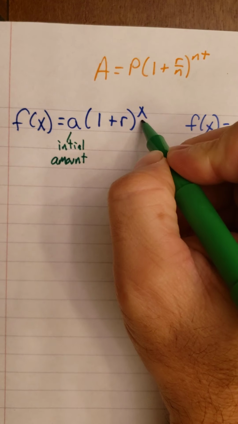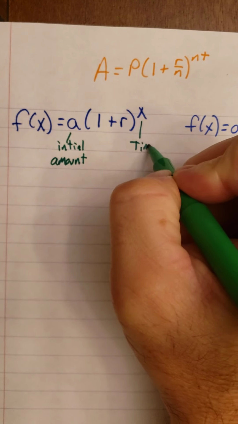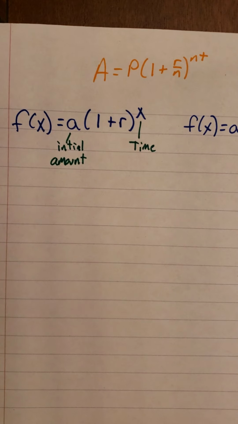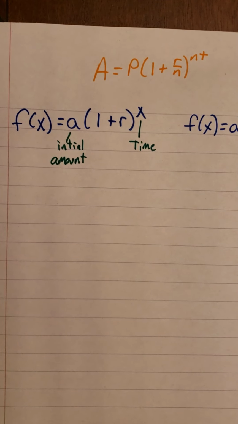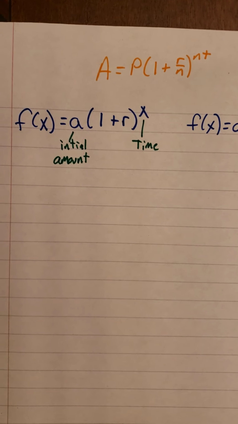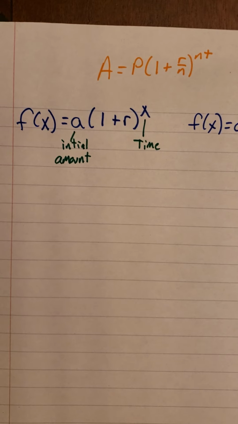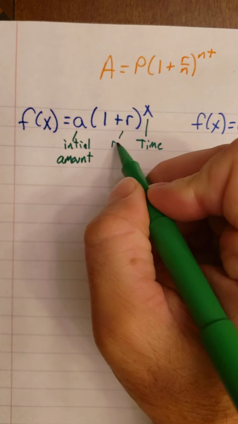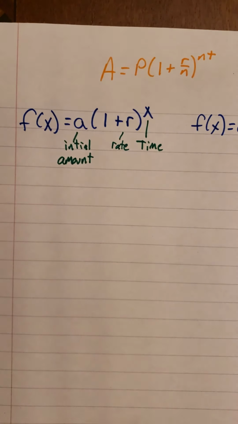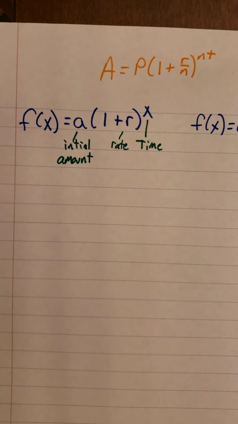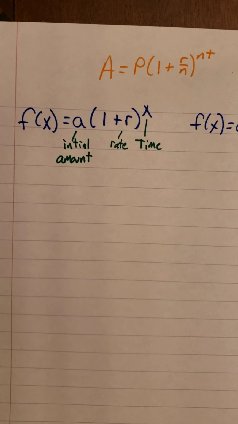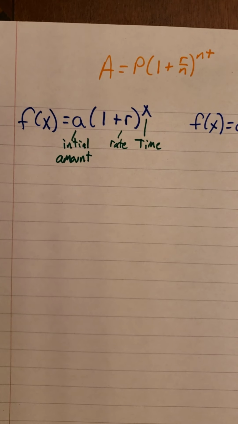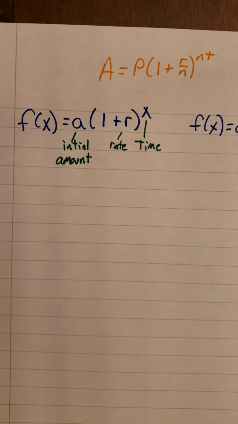X in your exponent is going to be the time. This is however long you're dealing with it. Maybe you're looking at how something grows over 3 years, so that would be a 3. The R is your rate that it's growing as. And this is going to be a decimal. So like 30% growth rate would be 0.3. A 3% growth rate would be 0.03.